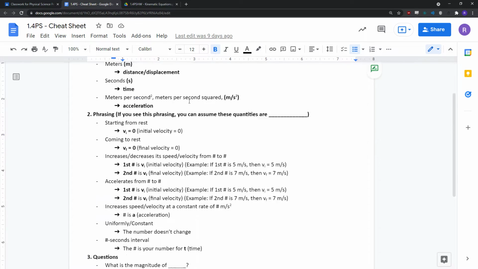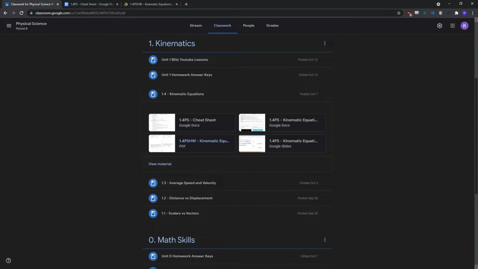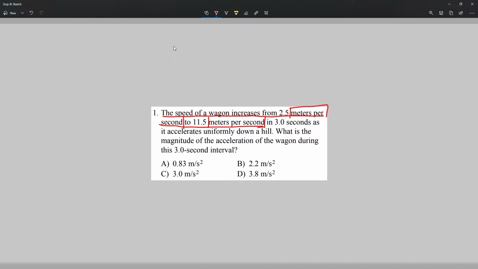On our cheat sheet: increases or decreases, the speed or velocity, from number to number. Your first number is your initial velocity, and your second number is your final velocity. That's an easy way to tell. So our first number is initial, VI is equal to 2.5, and our final is 11.5 meters per second.